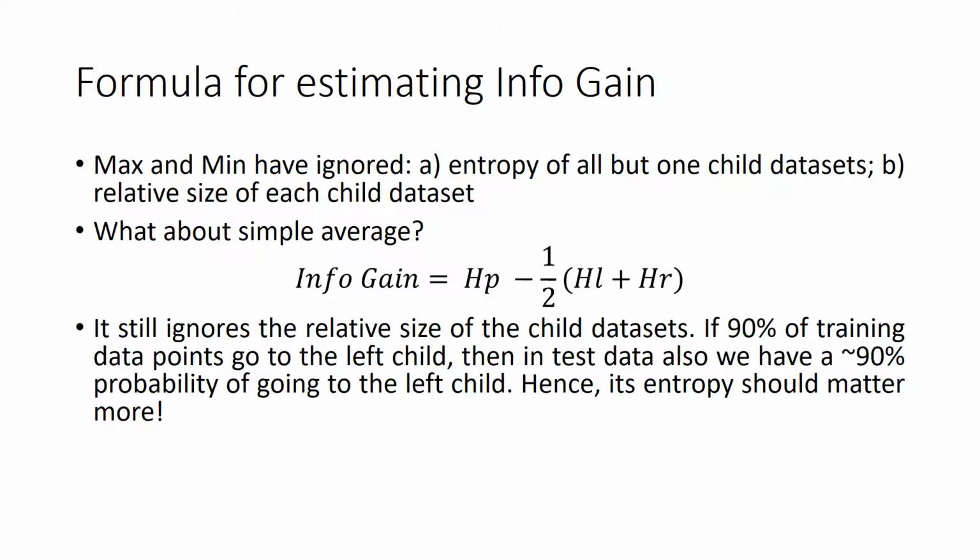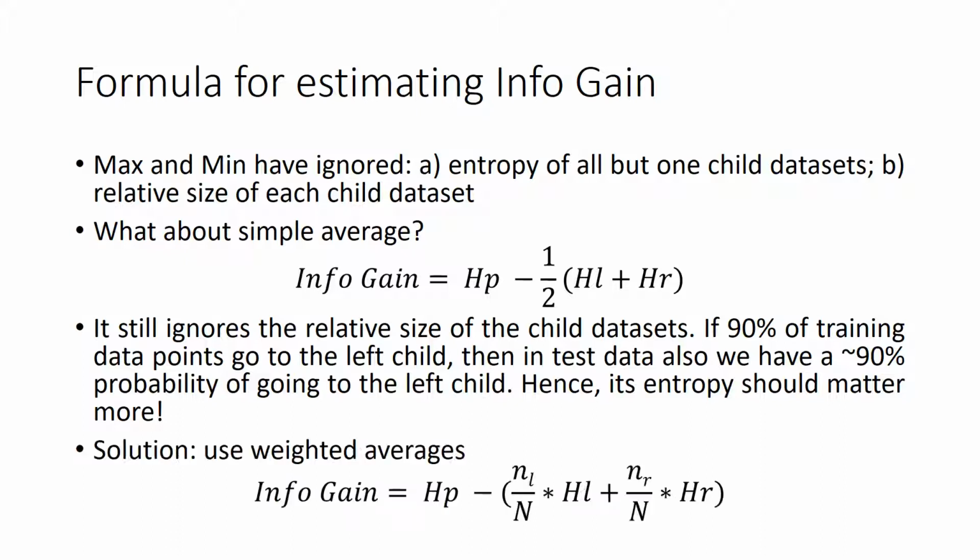If 90% of training data points go to the left child, then in test data also, I'm likely to have 90% probability of going to the left child, right? So its entropy should matter more in this equation. In this formula, its entropy should have higher weight, and the entropy of right child should have lower weightage. Okay, so as simple as that.